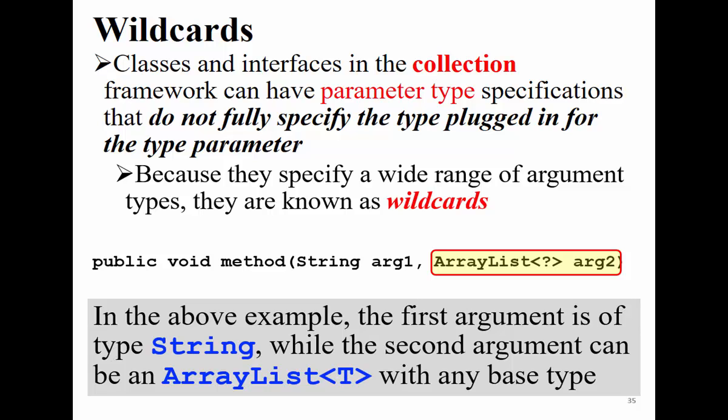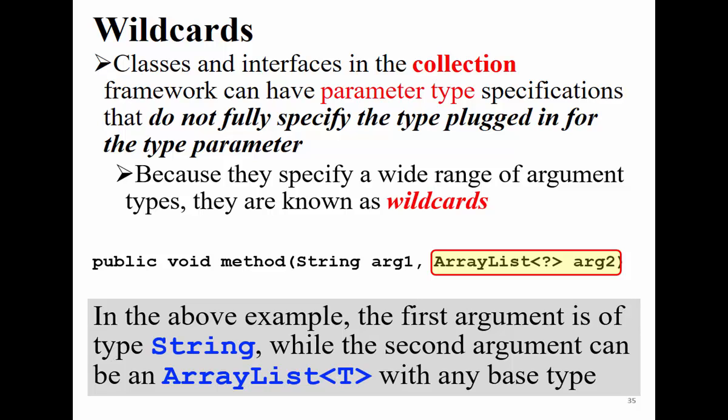Is this clear up to this point? Do you have any confusion about wildcard? So this question mark and capital T, they substitute each other. Do you have any question? So all the topics that we discussed about generics, we just take capital T and put a question mark. So nothing changed.